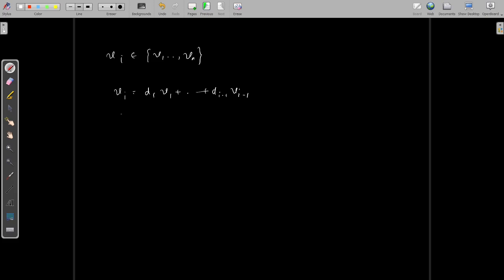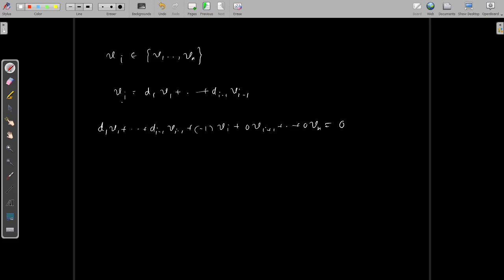Then what happens? Then we can write an expression d1 v1 plus etc. plus d(i-1) v(i-1). When you take vi to the other side, it will be minus 1 times vi plus 0 times v(i+1) plus etc. plus 0 times vn equal to 0.